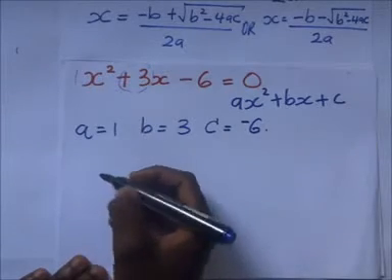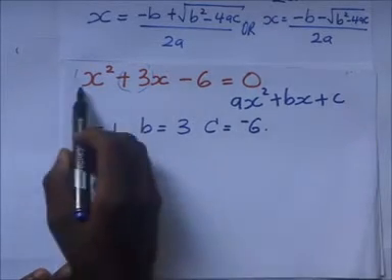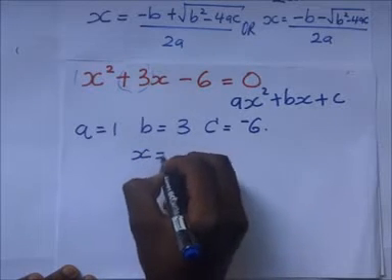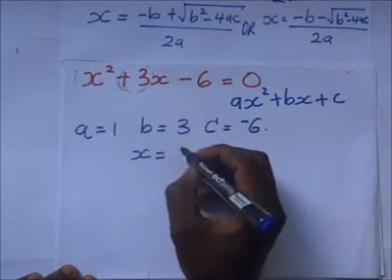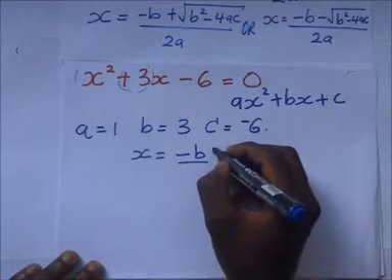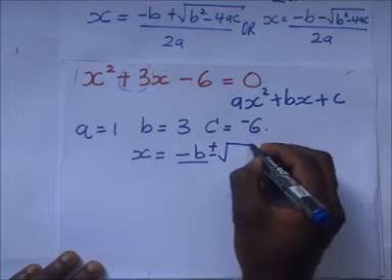So from our formula, to solve this quadratic equation by using that formula, our value of x becomes negative b plus or minus the square root of b squared.